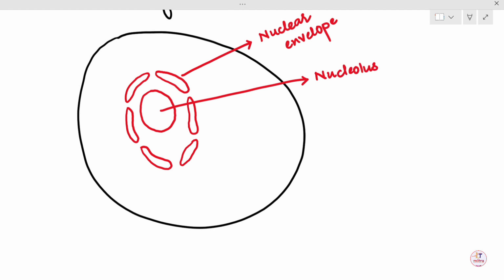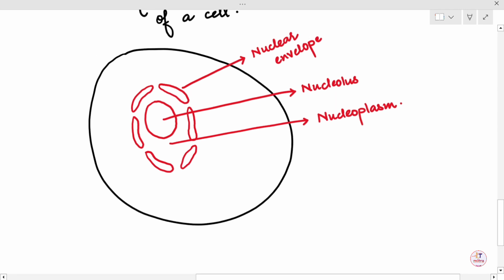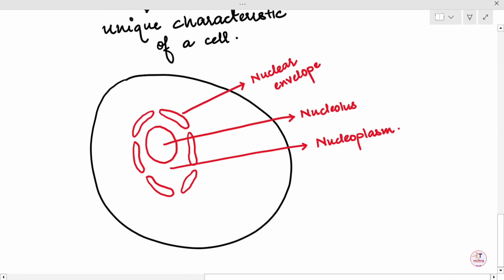And between the nuclear envelope and the nucleolus, the fluid that is present is known as nucleoplasm. So this is the structure of the nucleus. The outer covering is the nuclear envelope, the center part is the nucleolus, and the fluid present between the nuclear envelope and the nucleolus is the nucleoplasm.